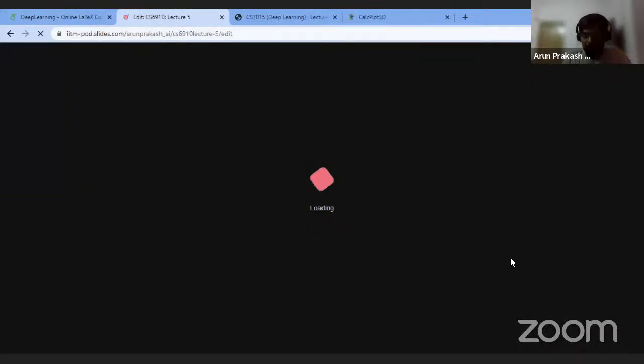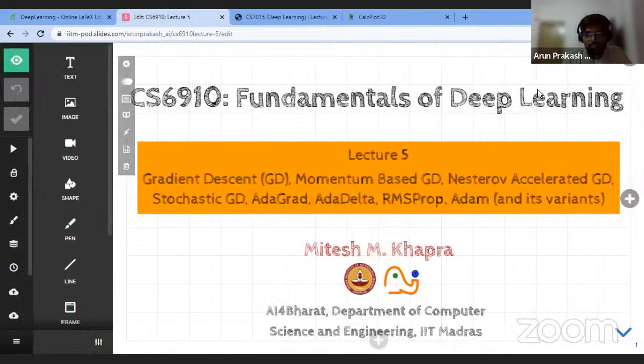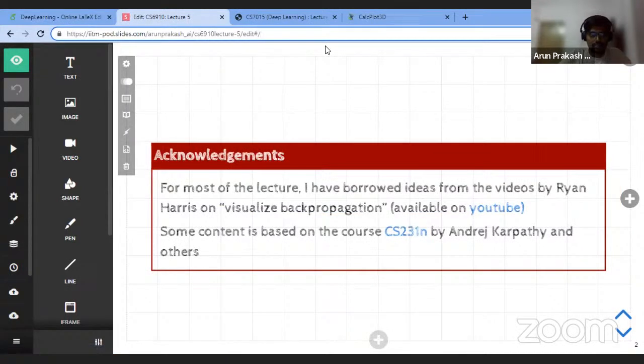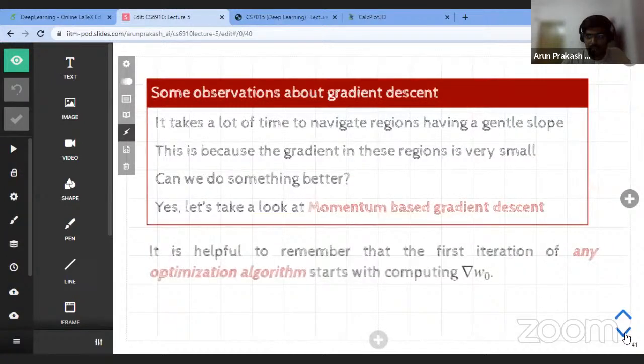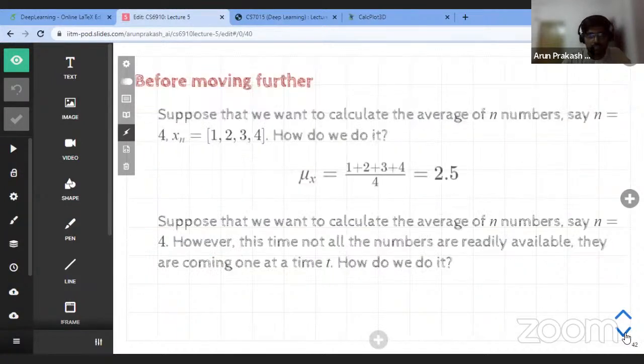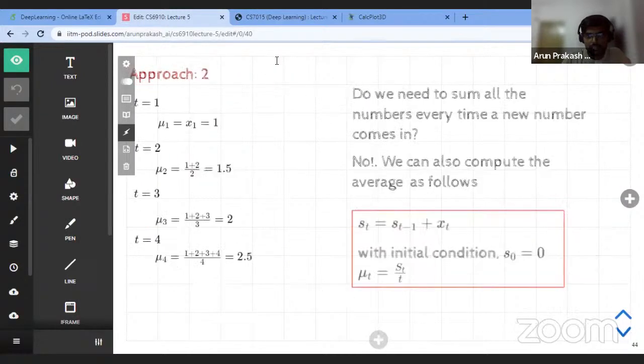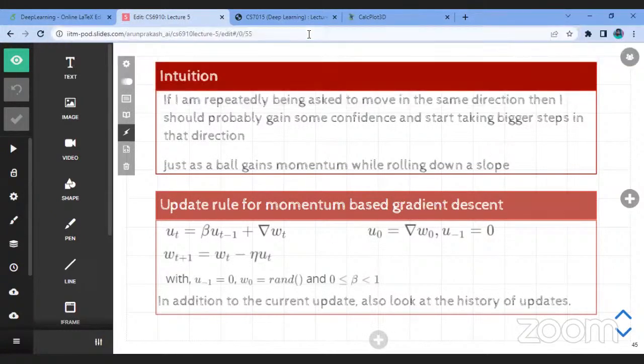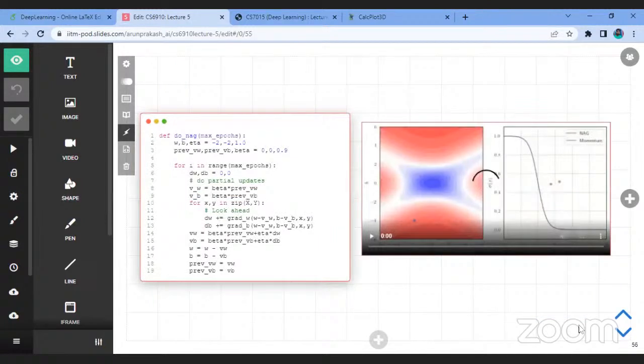Yeah, so this is the code for the NAG. Yes, sir, look ahead.